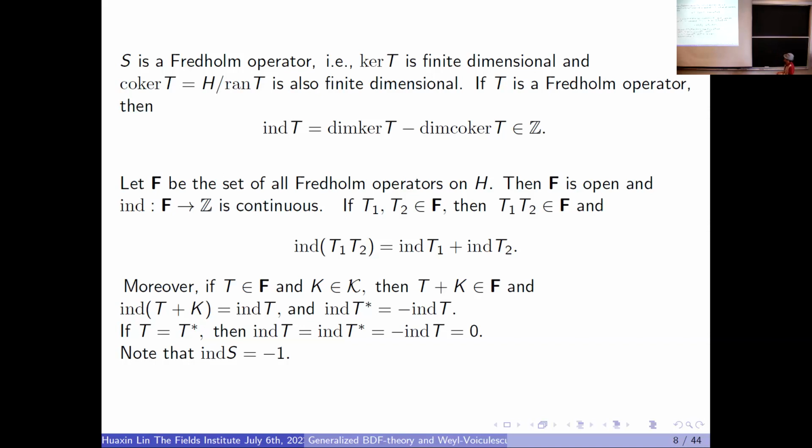Fredholm. And you compute that the index of the shift operator is -1. Then S, the shift operator, cannot be written as a normal operator plus a compact. It's much easier to say it cannot be written as a unitary plus compact, but I just say it's not a normal operator plus a compact.